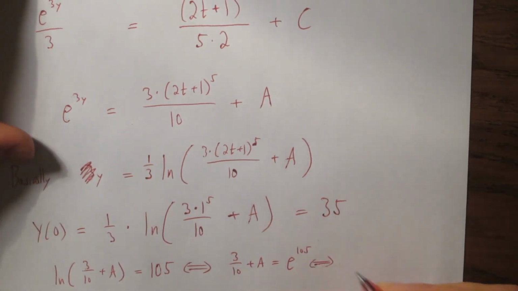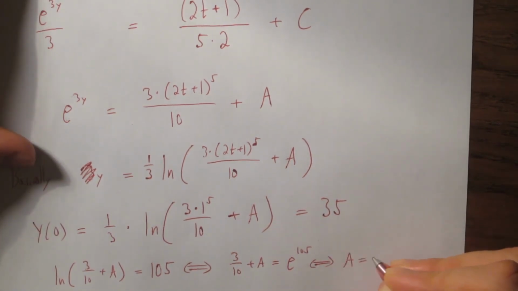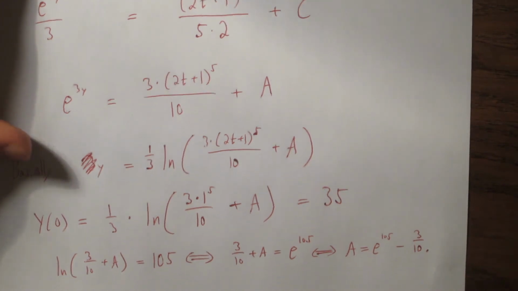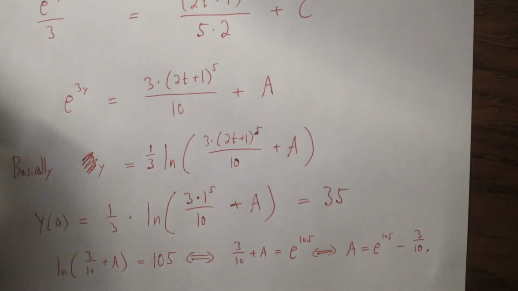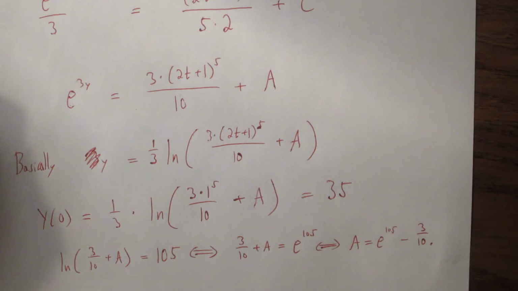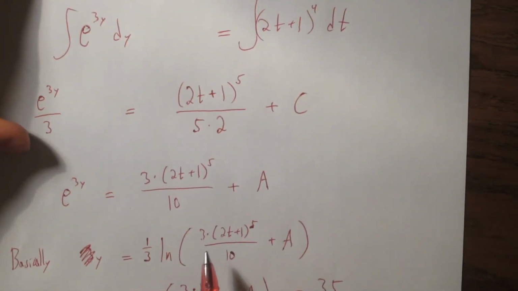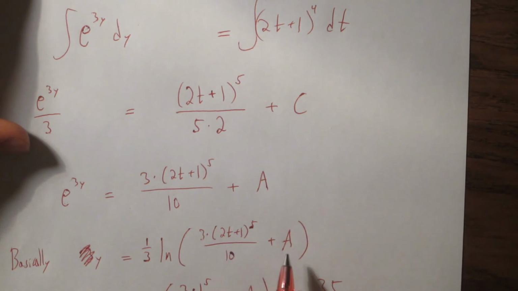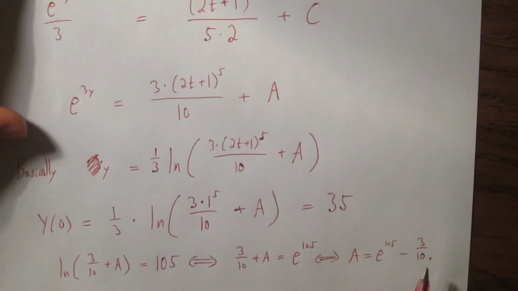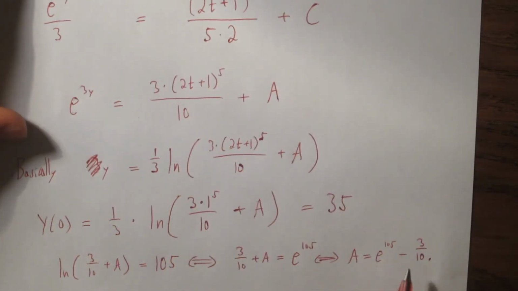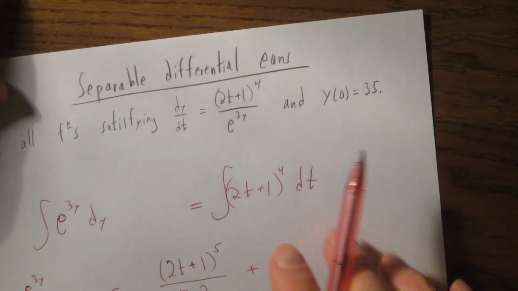Pretty big number, but the maths goes the way it goes. So a comes out as e to the power of 105 minus 0.3. So now we give our answer. So remember, y was a third ln of 3 times (2t plus 1) to the power of 5 over 10 plus a, but now for us a was e to the power of 105 minus 0.3 using the initial condition.